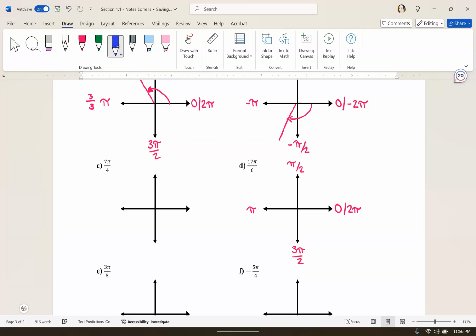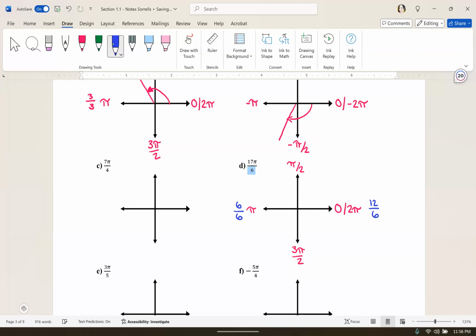I'm going to change colors. Okay, when that denominator, you can use that to kind of help you, because I know that this is going to be a 6 over 6, which is 1 pi. So therefore, I know when I come over here that this is going to be 12 over 6.